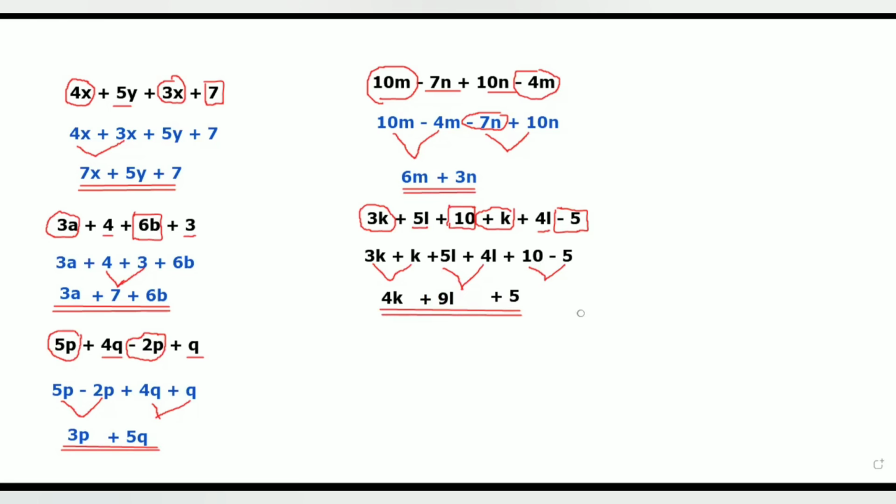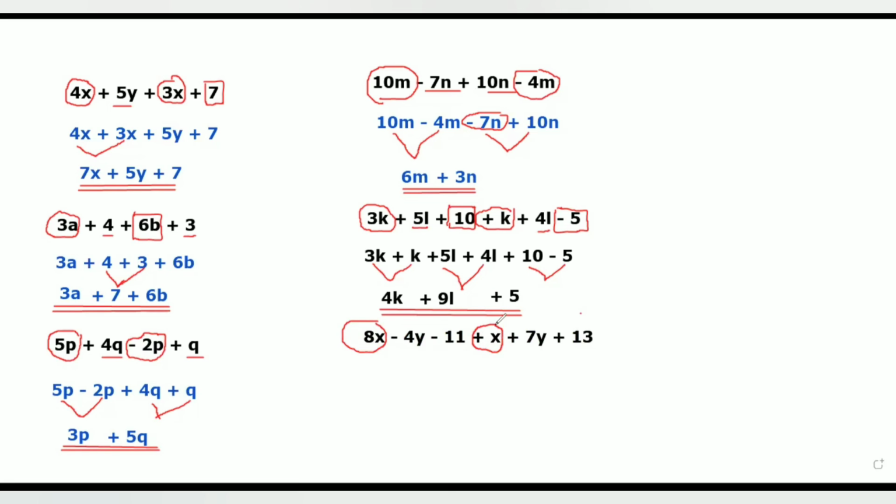Moving on to the last question, Roman number 6. It's a bit longer than all the questions that we did here. Let's see what the like terms are. 8x is there, then plus x is there.